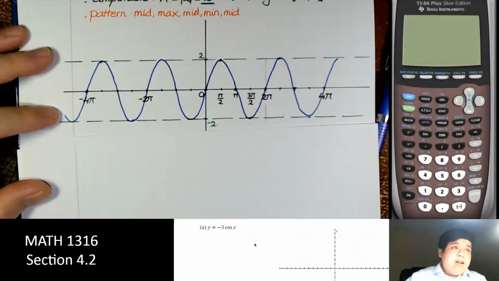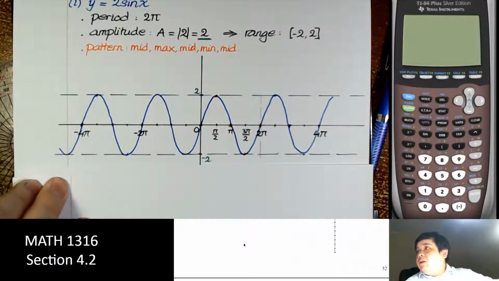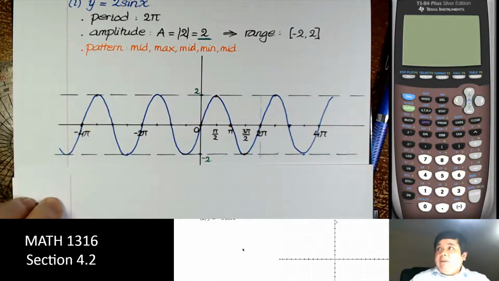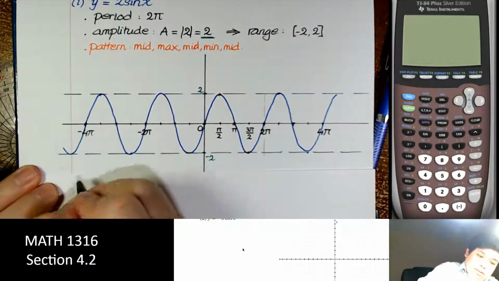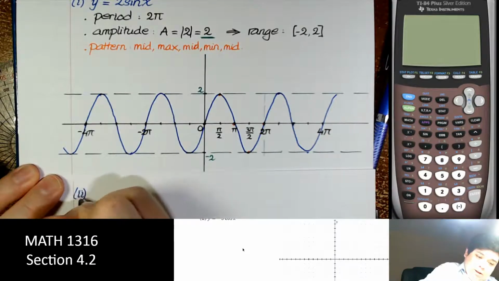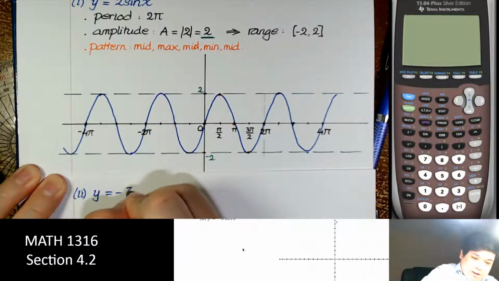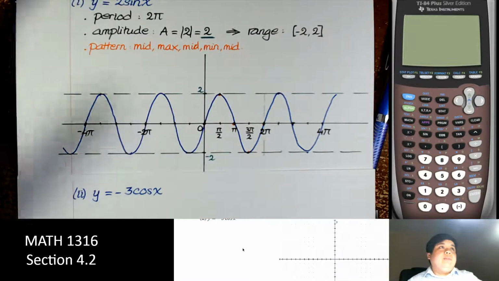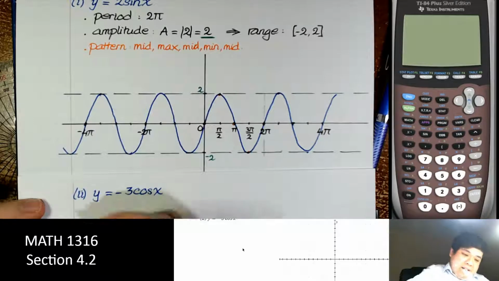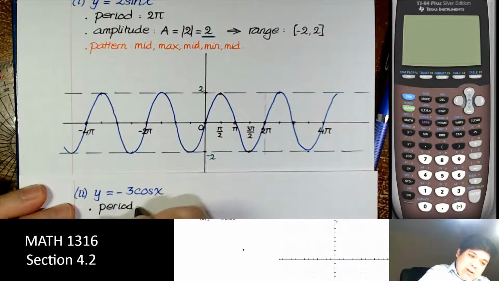Next, graph of y equals negative 3 cosine x. Right, and for sine and cosine, we need to determine what is the period and what is the amplitude.